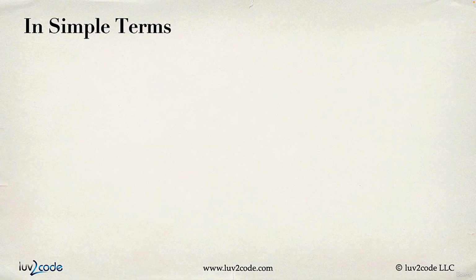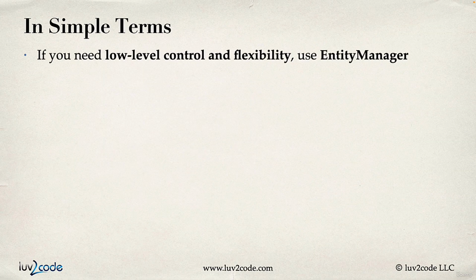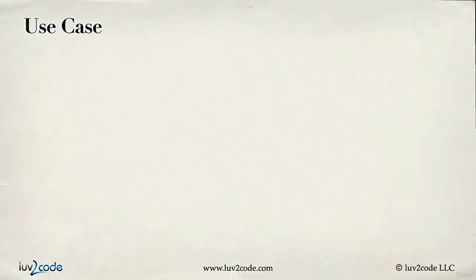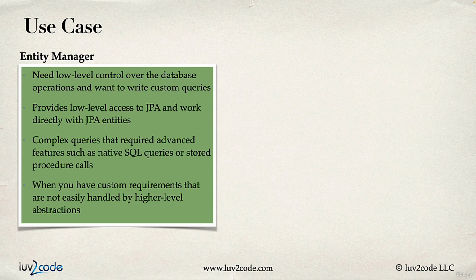Now, as far as when to use which, in very simple terms, if you need low-level control and flexibility, use Entity Manager. If you want a high level of abstraction, then make use of JPA repository. Now let's dig into these use cases. Starting with Entity Manager: it is useful when you need low-level control over the database operations and you want to write custom queries. Entity Manager also provides low-level access to JPA and allows you to work directly with JPA entities.